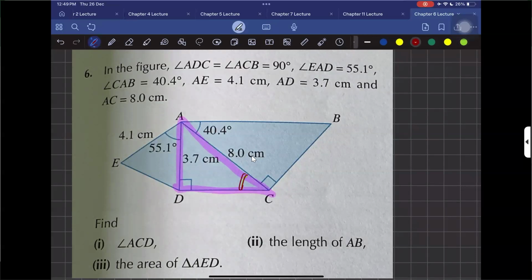So in this case, you can use tangent, sorry, not tangent, sine. Sine of angle ACD equals 3.7 over 8.0. So therefore, angle ACD equals sine inverse of that.